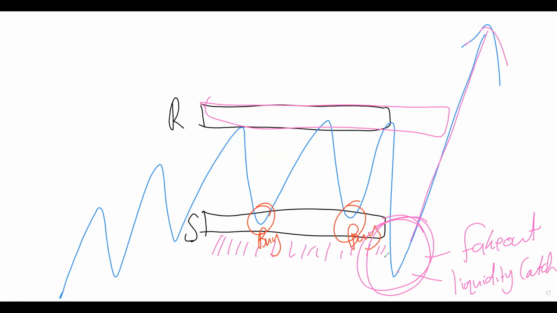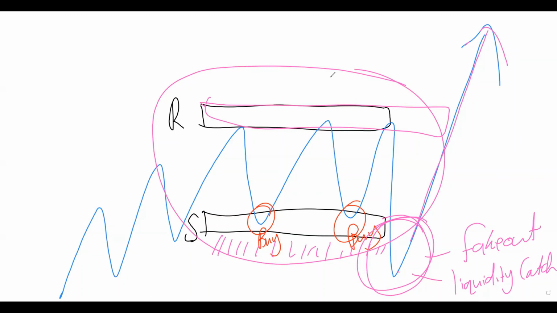Okay, so those are the two important aspects that you need to know when it comes to support and resistance. Knowing where retail traders' stop losses are placed, and understanding price's intention when it comes to a breakout. If price was to break out of this consolidation area here, then it needs to catch liquidity to one side in order to move in the opposite direction.